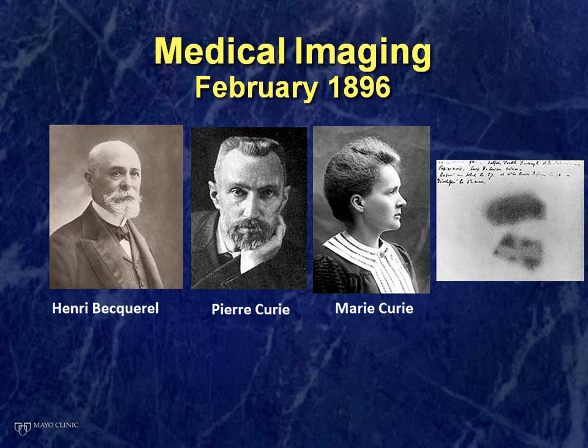So in February of 1896, the person on the left, Henri Becquerel, was interested in the fluorescence of solids, of crystals. If you remember going to a science museum, they would expose crystals and then they would fluoresce sort of purple.